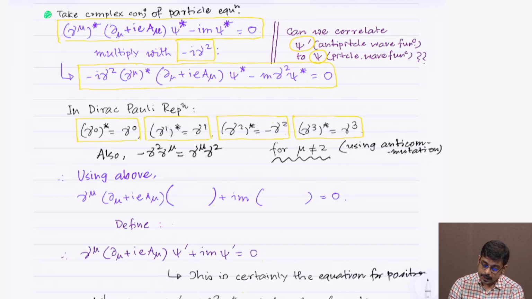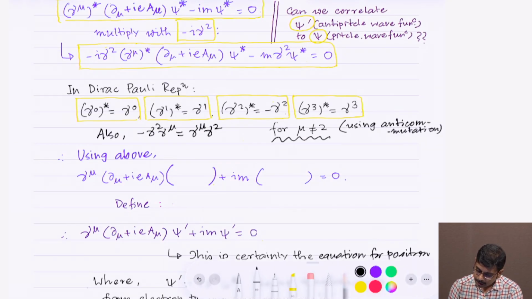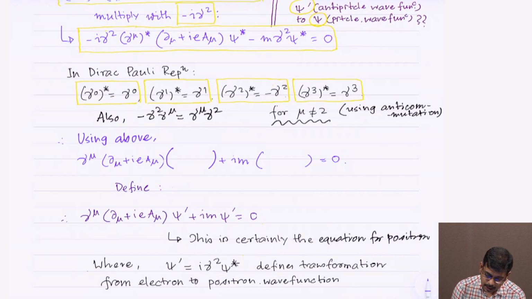Now, if I use these facts, then there is an interesting thing that we observe. The i gamma 2 which I multiplied from the left, I can bring on the other side of the gamma mu, where gamma mu star becomes gamma mu, with an exchange of signs. So, using this, we can rewrite this equation as gamma mu times del mu plus i e A mu, and inside the bracket I basically have i gamma 2 psi star.